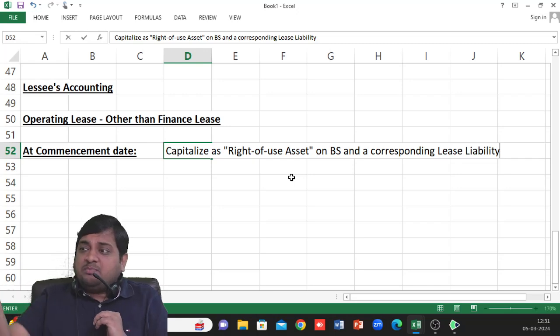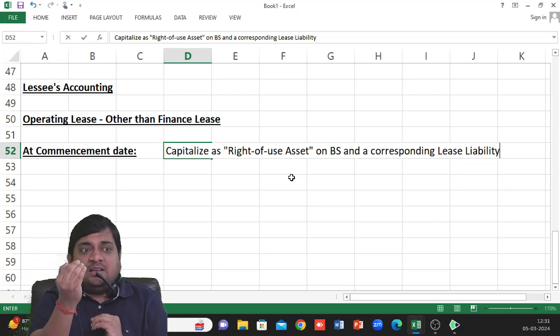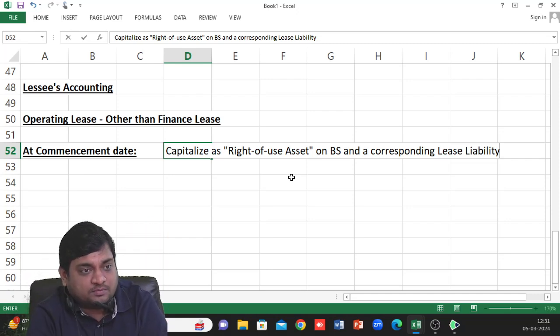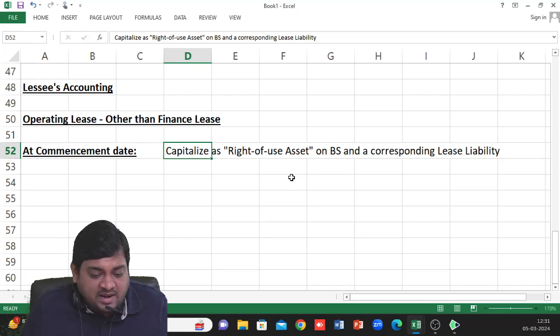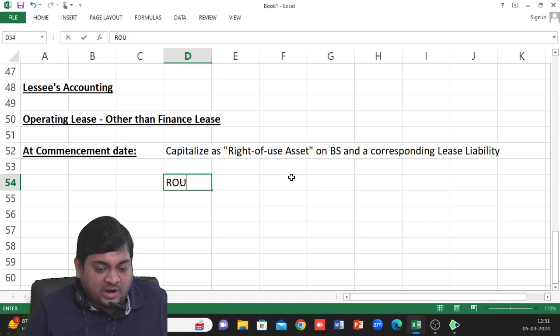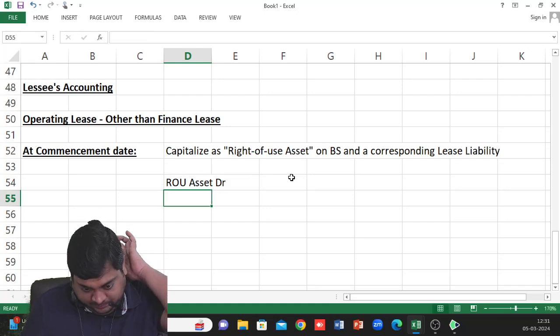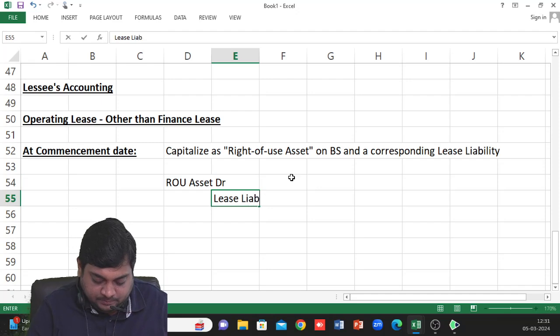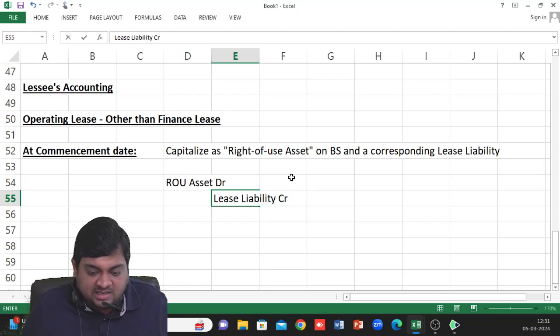Since we are recording the present value of lease payments as a liability, there has to be an asset, and the asset is what? Right to use. So the journal entry for this will be ROU, right of use asset debit, lease liability credit.